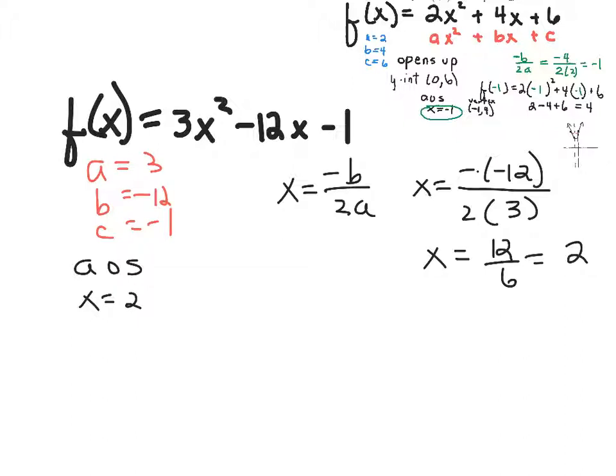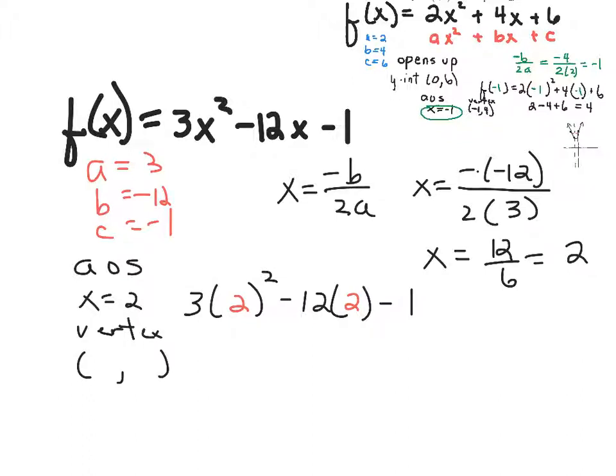Okay, so now with 2, we're just going to substitute that back into the equation. So we have 3, and we're just going to leave placeholders for our x for right now, and we'll put a 2 in there in each of those places. So now we're just going to calculate this to get our y value for our vertex. So our vertex will come out of using the axis of symmetry and substituting it back in.